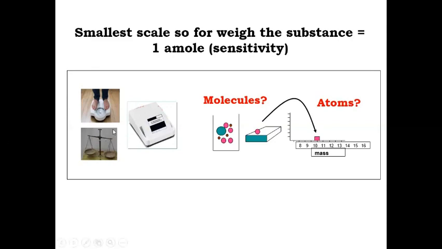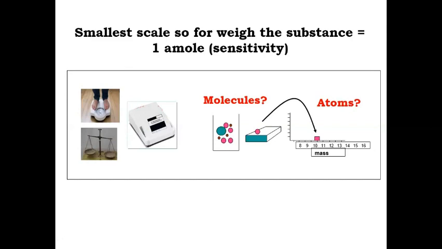Now the digital analytical balance has taken over that work, and with it we can measure the mass of a substance up to microgram. But if you want to weigh the mass of molecules and atoms, what will we use?